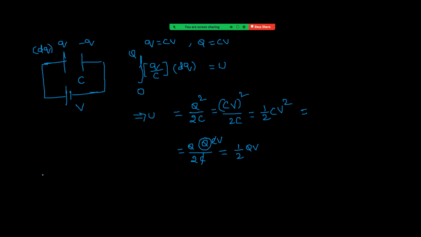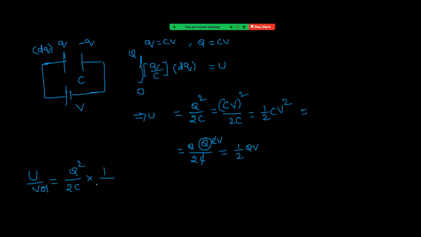Let us now calculate one more thing, that is energy density, energy per unit volume. See how much? Energy is Q square by 2C, divided by volume.